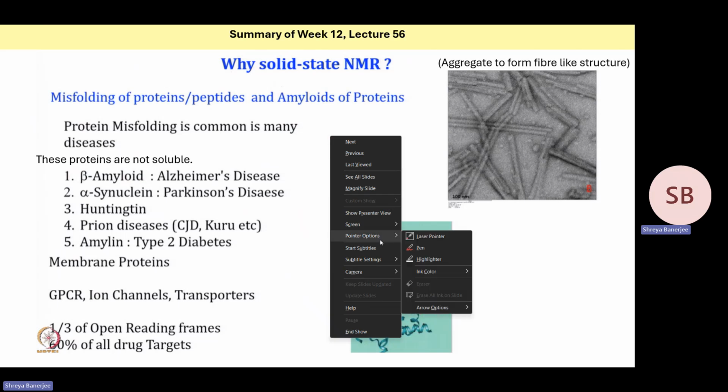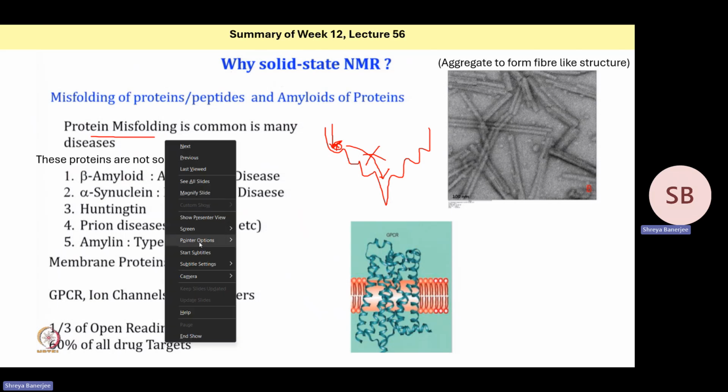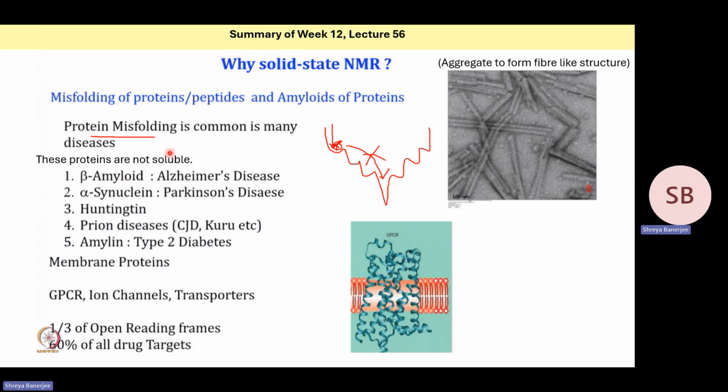If you remember, in the folding funnel there were many local minima, and we had discussed that sometimes the protein can get stuck in a local minimum. So it is not able to reach the global minimum. This pathway is not possible. So the protein is adopting a structure which is not the native structure of the protein. Then it is called a misfolded protein. And this causes many diseases.